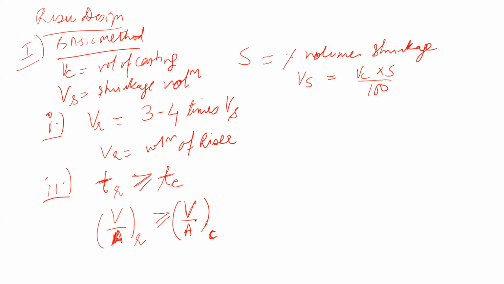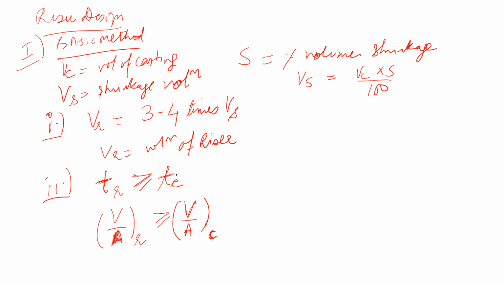So why should the solidification time of riser be greater than or equal to the solidification time of casting? Definitely the riser should solidify last, because the riser has to feed the casting. If the riser solidifies first, then how will it feed the casting, right?